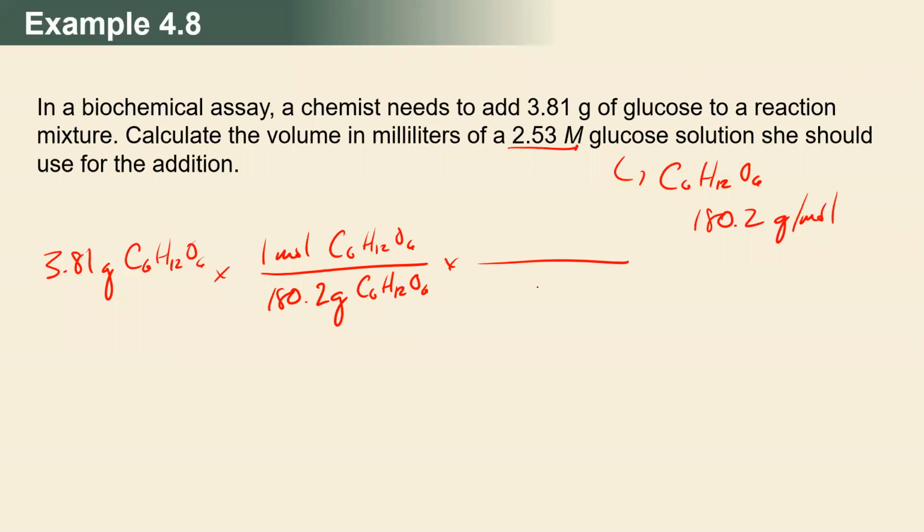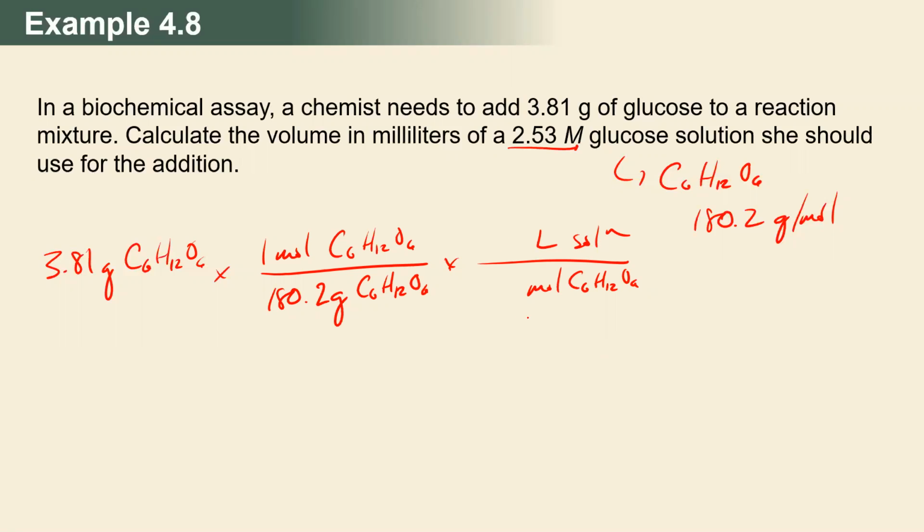what do we need to put here? We need moles of glucose on the bottom. So it cancels, but what am I converting to? You're going to convert to liters using your molarity. That's right. We're going to convert to liters of solution. So where does my 2.53 go?